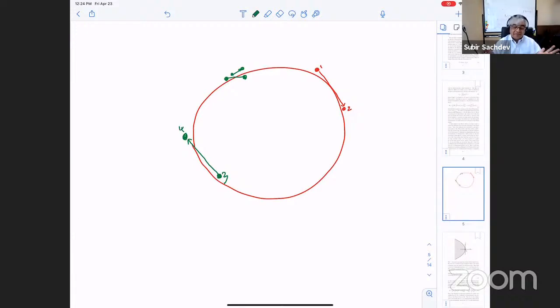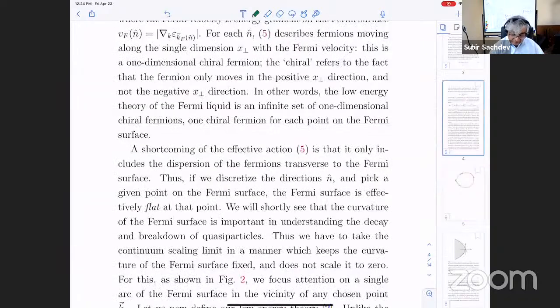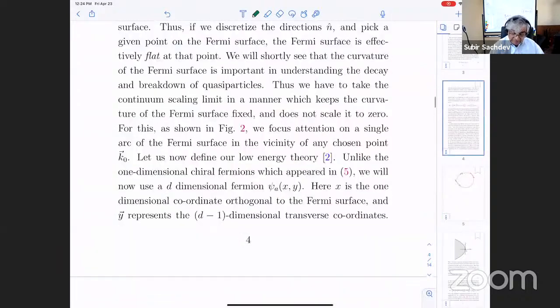That's an assumption, and under certain circumstances, those processes become very strong, and those are exactly what we'll talk about on Monday. But for now, let's imagine that we're just making life simple, and we just take some very simple interaction for fermions near some point on the Fermi surface.